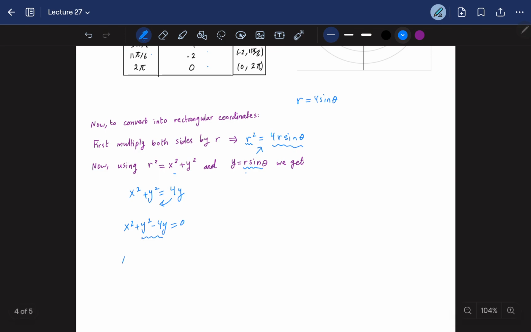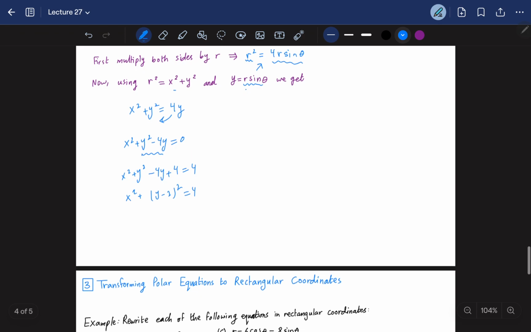Once you complete the square, we're going to add 4 to both sides, and we're going to get x squared plus y minus 2 squared is equal to 4. We're going to get an equation of a circle in terms of x and y. So this is an equation of a circle with center 0, 2 and radius 2.